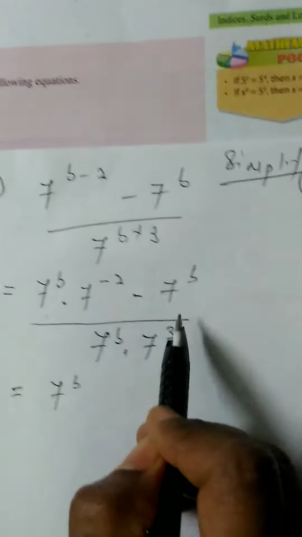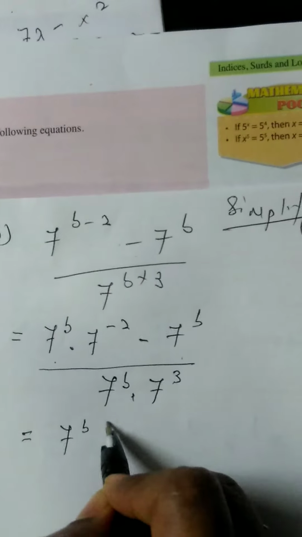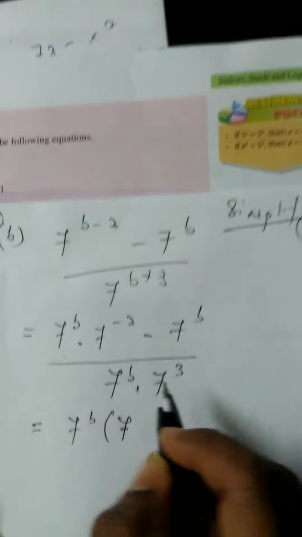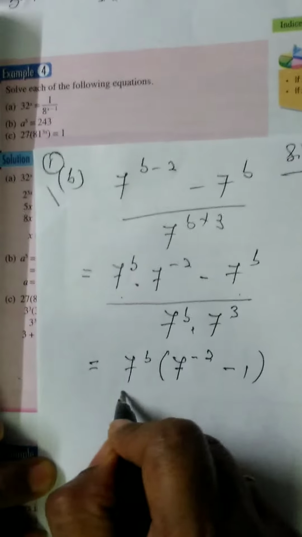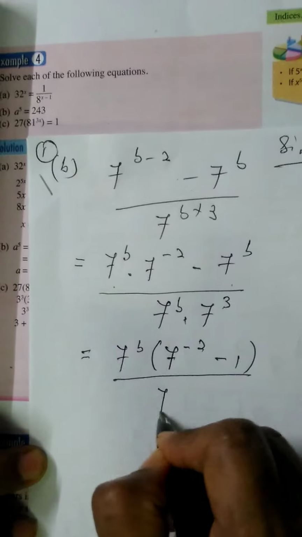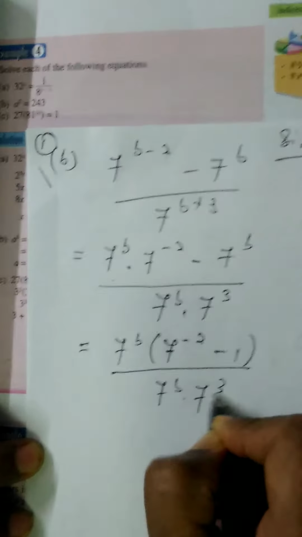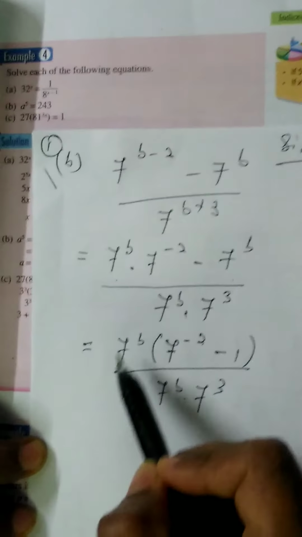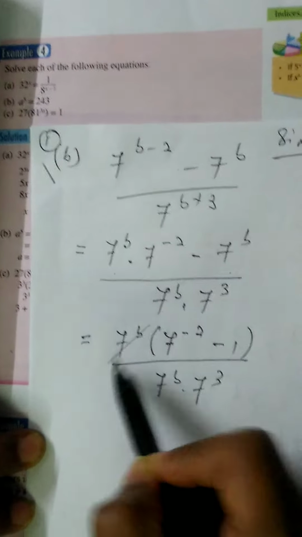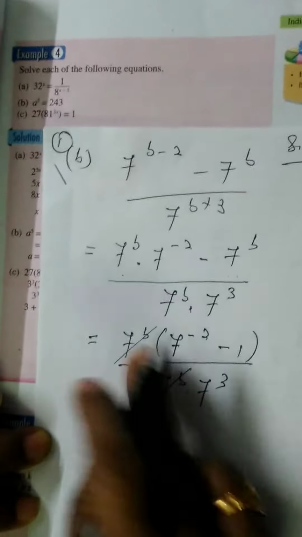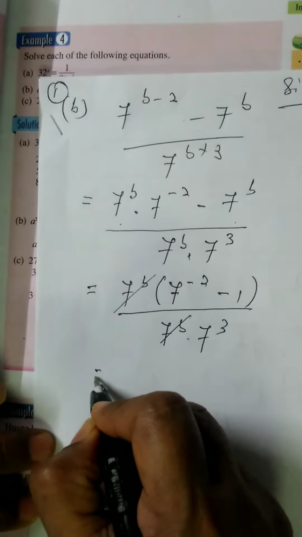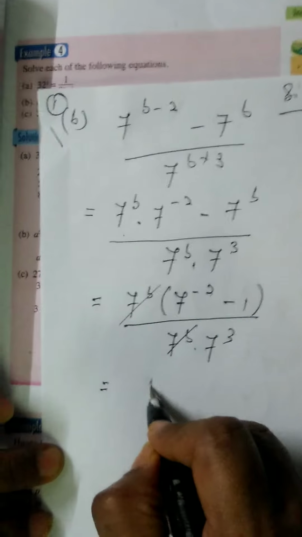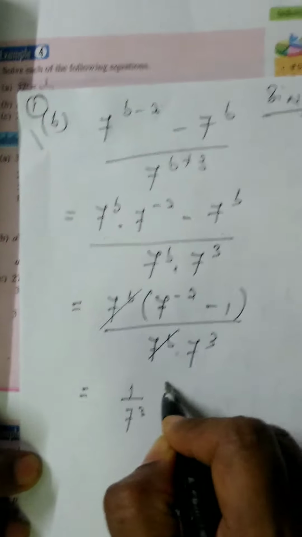Now here the 7b and the 7b, so I'll actually factorize it. So 7 to the power of 3, minus 1 over 7b. So what will happen now is there's one term here and one term here which is similar, so we can actually cancel off. So now what will be left is 7 to the power of 3.